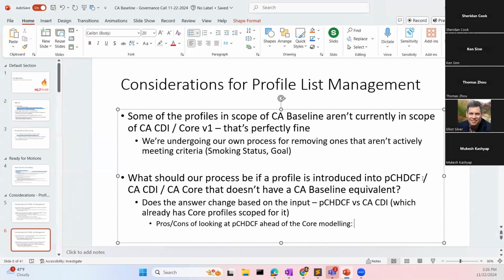I think the official profiles and official implementation guides that vendors are going to be asked to conform to are CA Core Plus, CA Core. And so I think the role of CA Baseline is to address broader issues that aren't necessarily included in CACDI and PCH DCF.